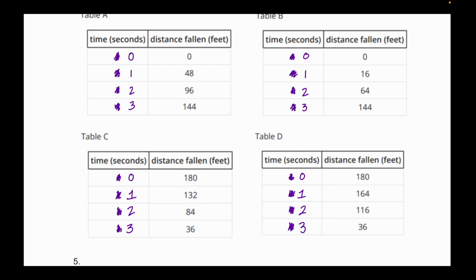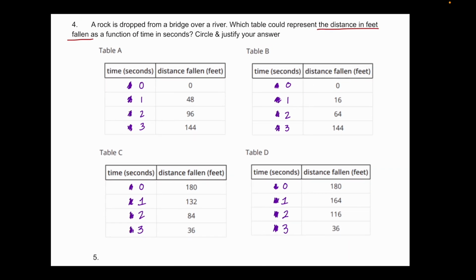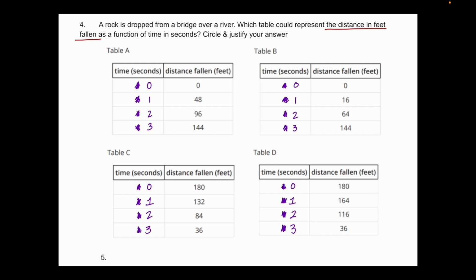Since I want to be measuring the distance it's fallen, I should be starting with a smaller number that's then growing towards a bigger number, because the longer it's in the air, the farther it's going to fall. So right away, that means it's not going to be table C and it's not going to be table D, because both of those start at a larger number and then they get smaller.